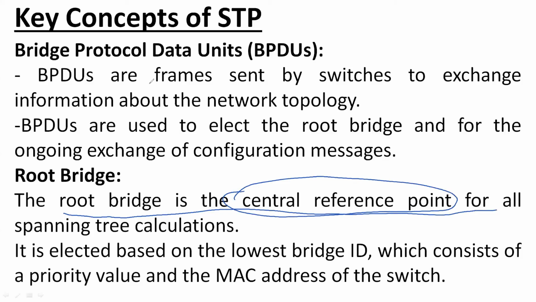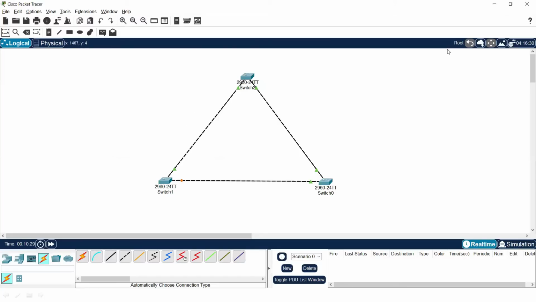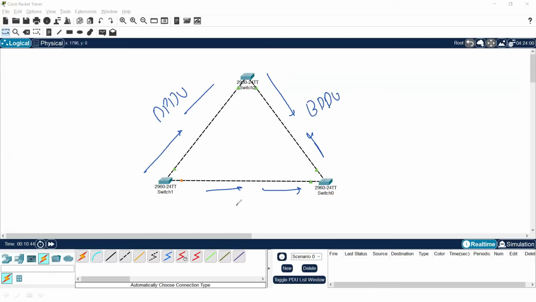Then the further calculation will be done on the basis of the bridge ID and so on. So when the switches are connected, they exchange BPDUs like this, and from those BPDUs they will elect a root bridge. Let us assume this is our root bridge.